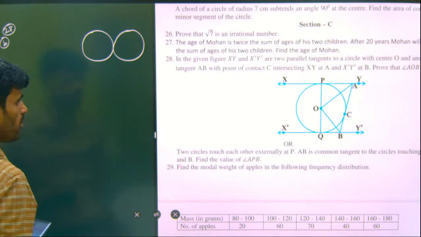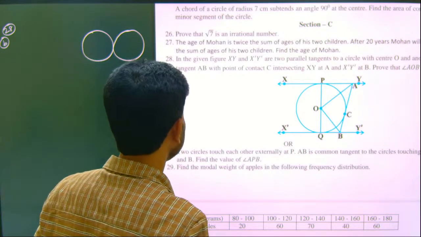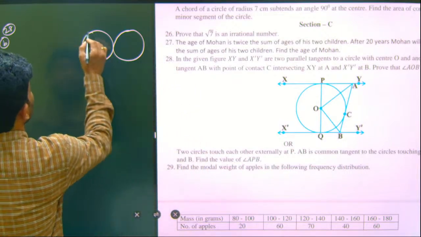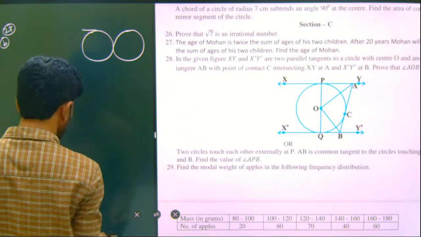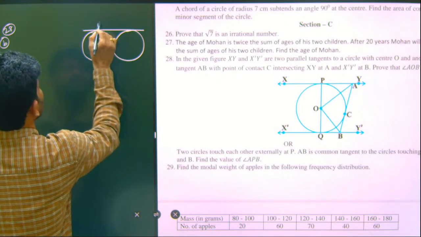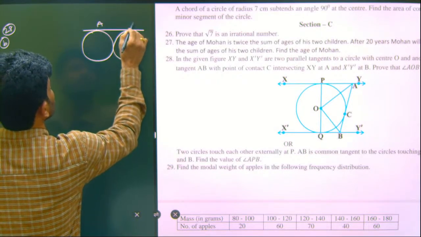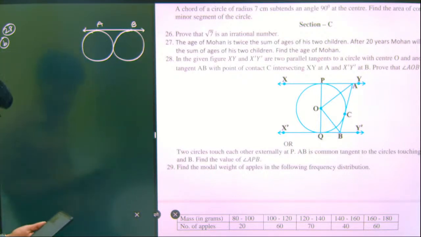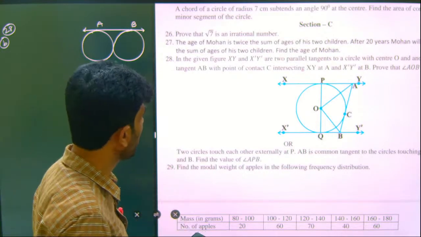Like this we have to draw. After that, AB is the common tangent to the circles touching them at A and B. So we have to draw a tangent which is touching both of them. Here it is touching A, here it is touching B. This is the common tangent to both the circles touching at A and B.